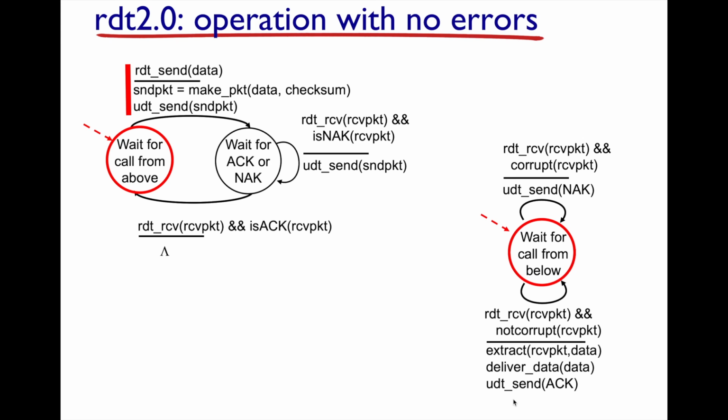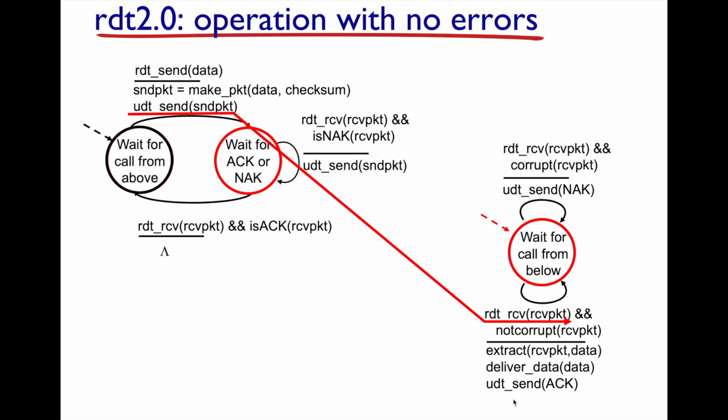Now recall in RDT 2.0, we added an assumption that's a little bit more realistic than RDT 1.0: you can have bit errors, you can have corruption. 1 bits can change to 0 bits, and 0 bits can change to 1 bits. So now this UDT send occurs for this newly constructed packet, including the checksum, and it makes its way across the wire. We're going to assume for this case that you have no errors.